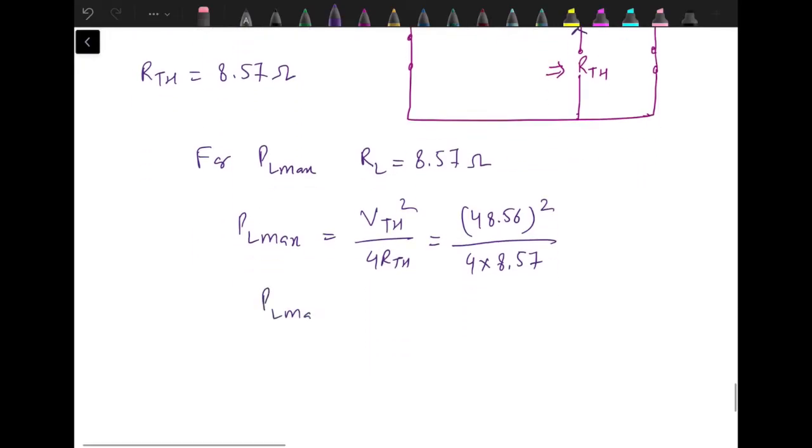Its PL max is 68.78 watt. So what we see is that the maximum power transfer formulas are the last step. The main focus is on how to obtain the Thevenin equivalent.